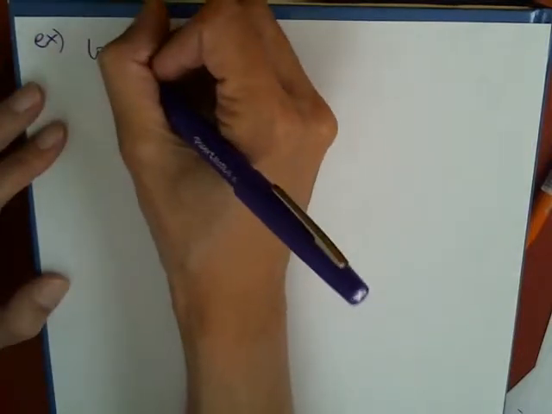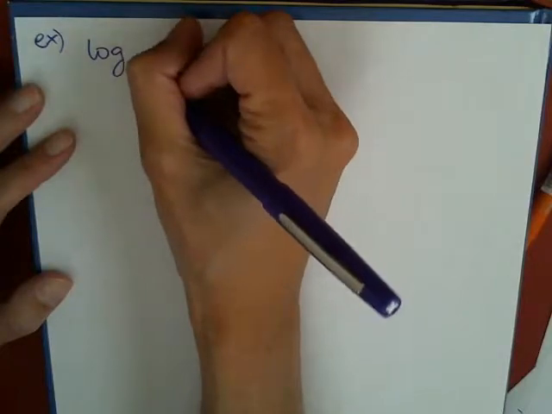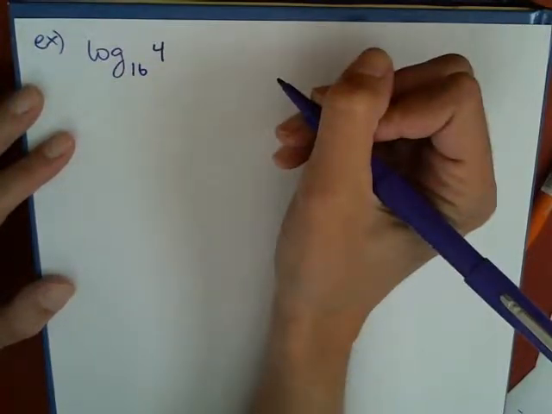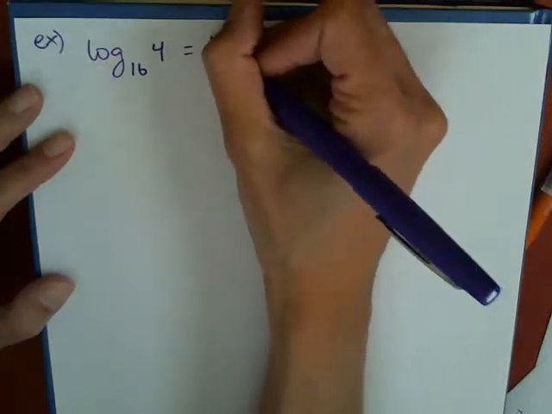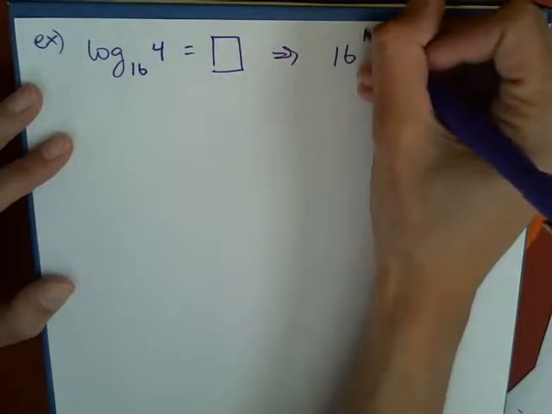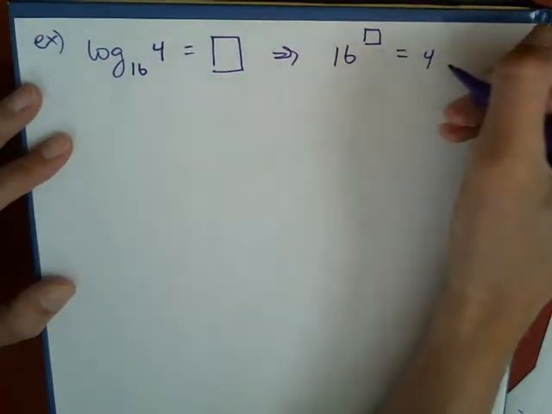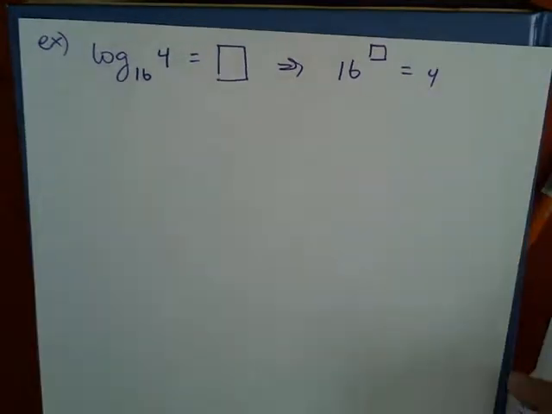How about this one? Log base 16 of 4. I can go from a larger base to a smaller answer or argument. Okay, so equals some number. This says 16 to some power equals 4. Well, the only way to get there with a power would be a square root, right?